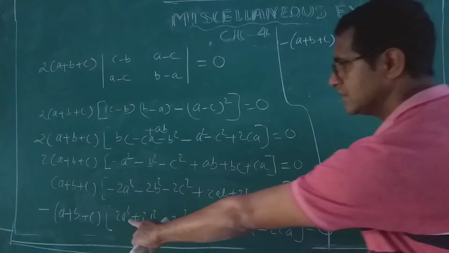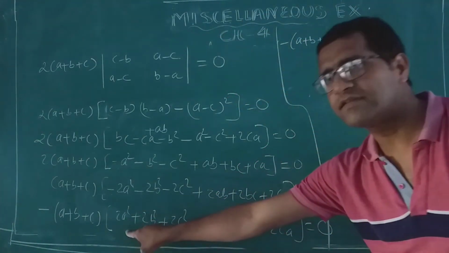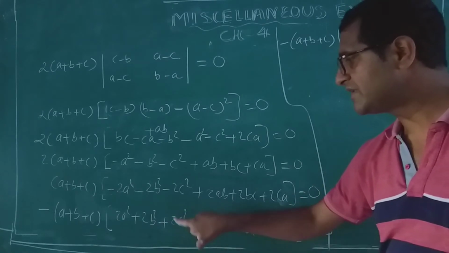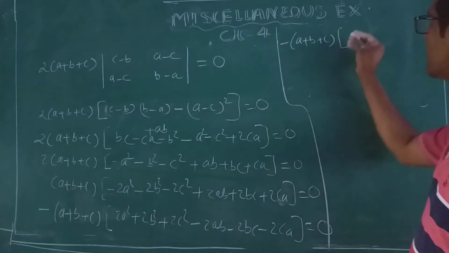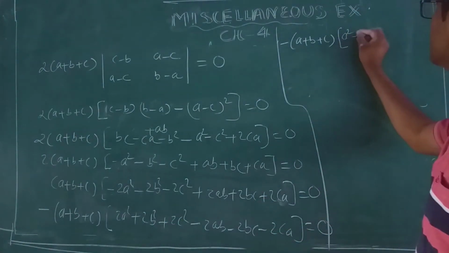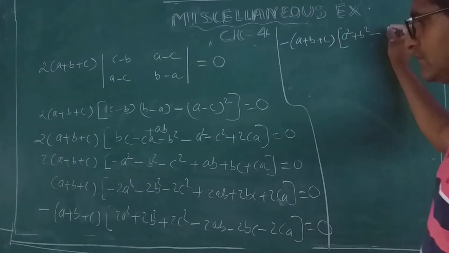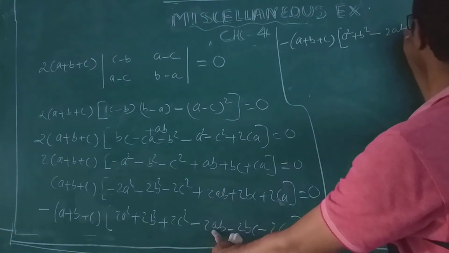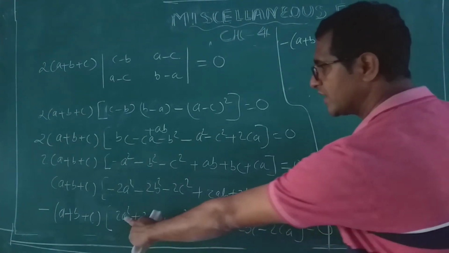Twice A square means A square plus A square. Twice B square means B square plus B square. Twice C square means C square plus C square. So you can write A square with 1 B square, B square minus twice AB. Okay. One more A square here.